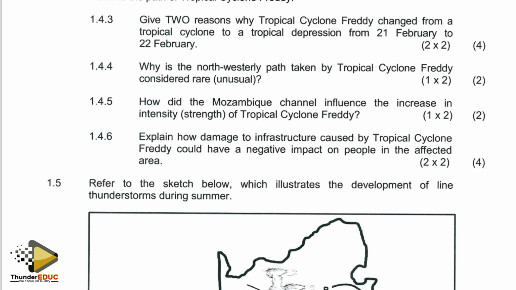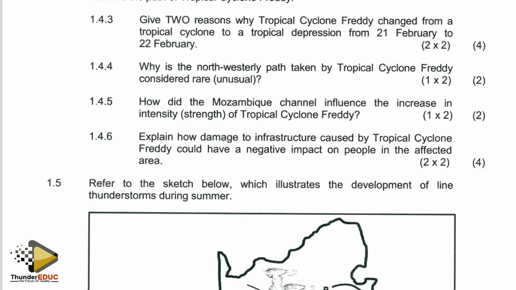And if we refer back to our trade winds deflection in the southern hemisphere, we find that the deflection is to the left, which means that the tropical cyclone, being deflected by the Coriolis force and by the tropical easterlies, which are also under the influence of Coriolis force, we tend to find them twisting towards the south. But in this instance, it defied that.